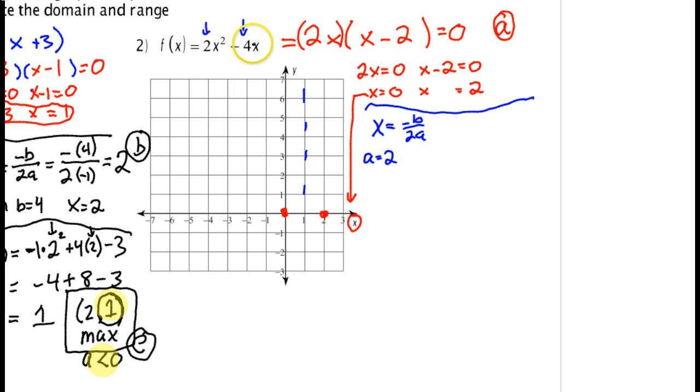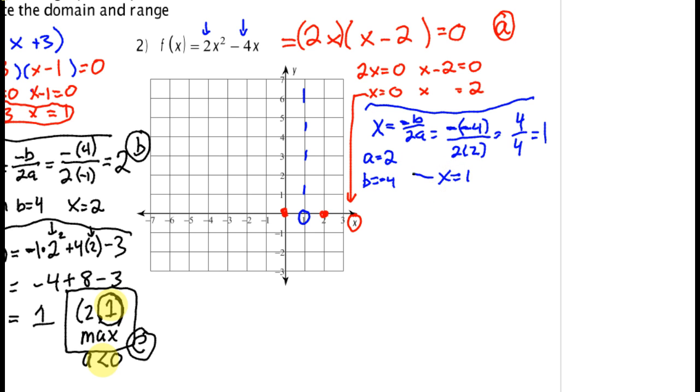B is negative 4. Plugging those in correctly, we get negative of negative 4 over 2 times 2. Notice how I have a negative for the formula and the negative from the b, so there's two negatives there. So 4 over 4 equals 1, which confirms, yes, x equals 1.